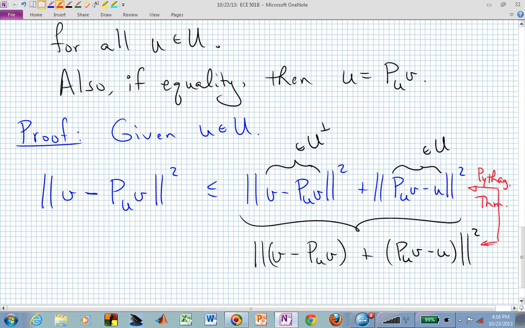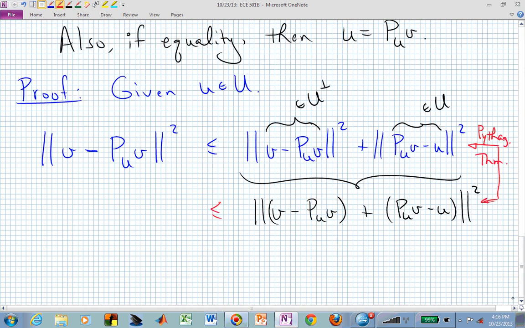Since those two are equal, I can say that this black piece is still greater than or equal to the left-hand side. But now, what do I know about what I have inside the norm brackets on the right-hand side? I have a plus projection and a minus projection of v.